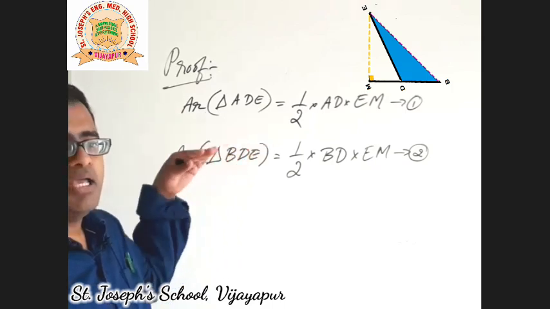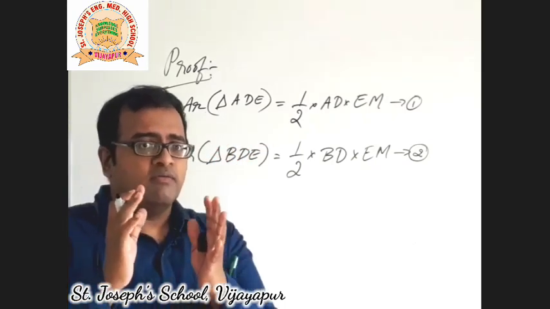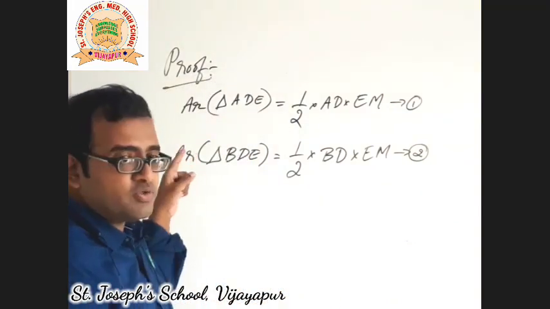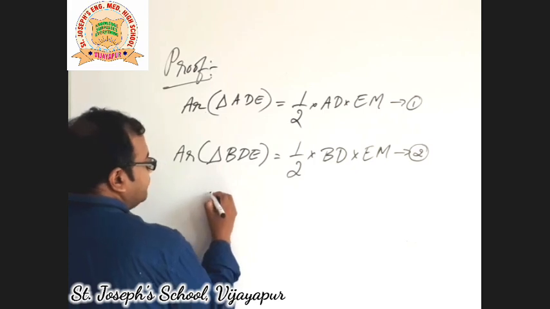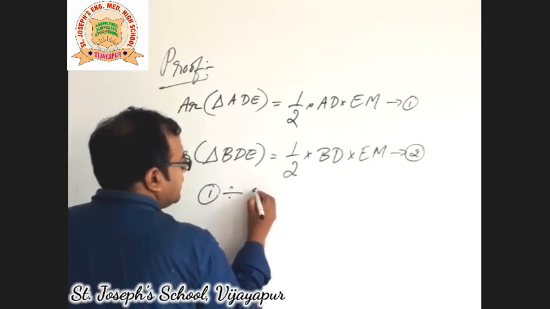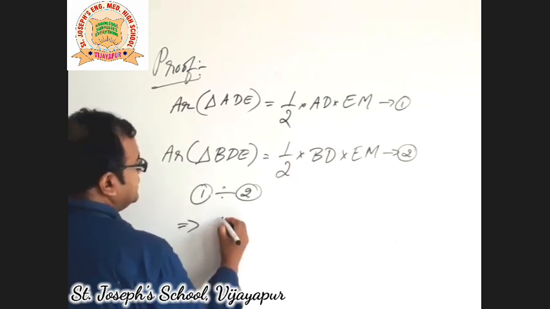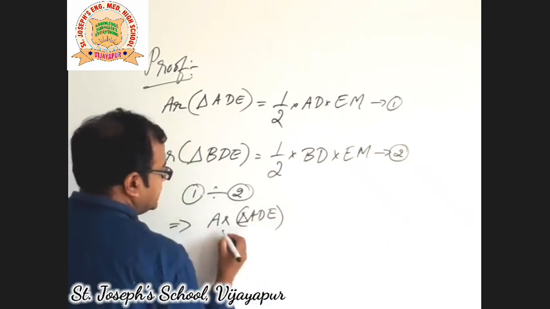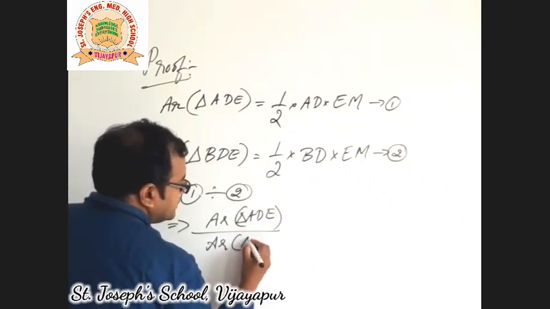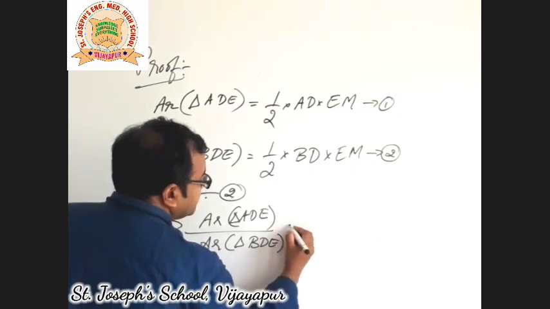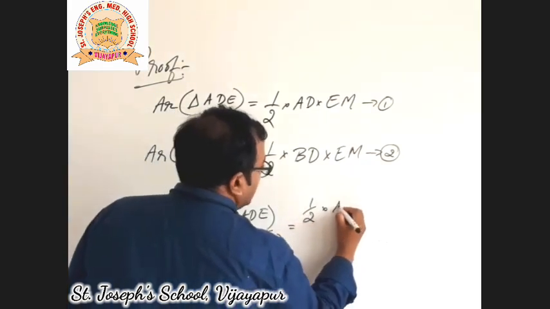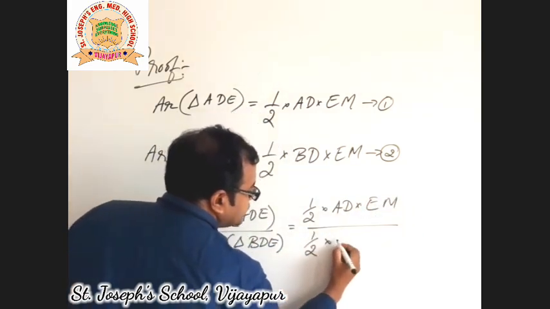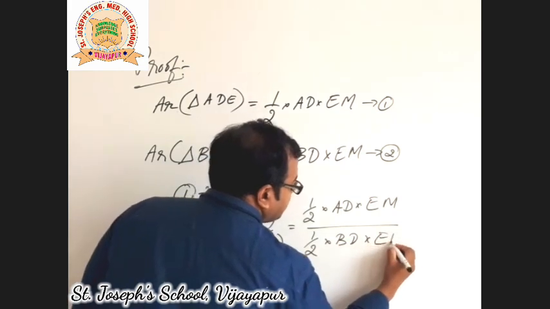Divide equation 1 by equation 2. We'll get a ratio. See, we are going for proportion, and to get proportion, we need ratio. This will be the first ratio we'll be concentrating on. So equation 1 divided by equation 2 implies area of triangle ADE divided by area of triangle BDE is equal to half into AD into EM upon half into BD into EM.